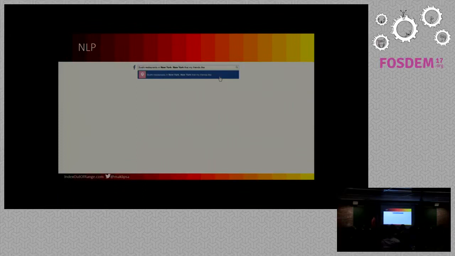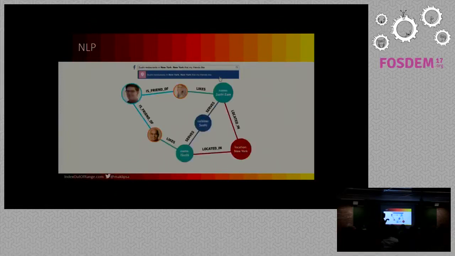Well, it is not, because if you graph this, you get me, my friends, a node of location New York, and the type of cuisine. So as you see, we have this part, we have this part. So the answer to this question will actually be the nodes filling the graph.